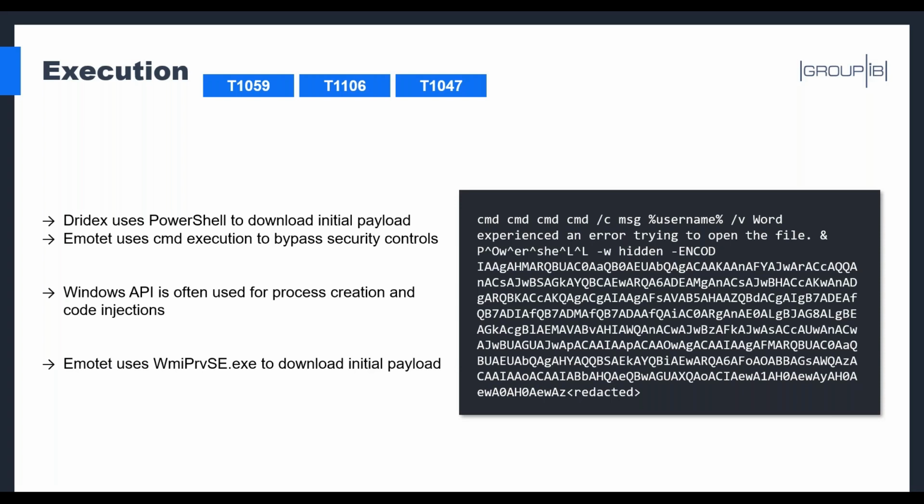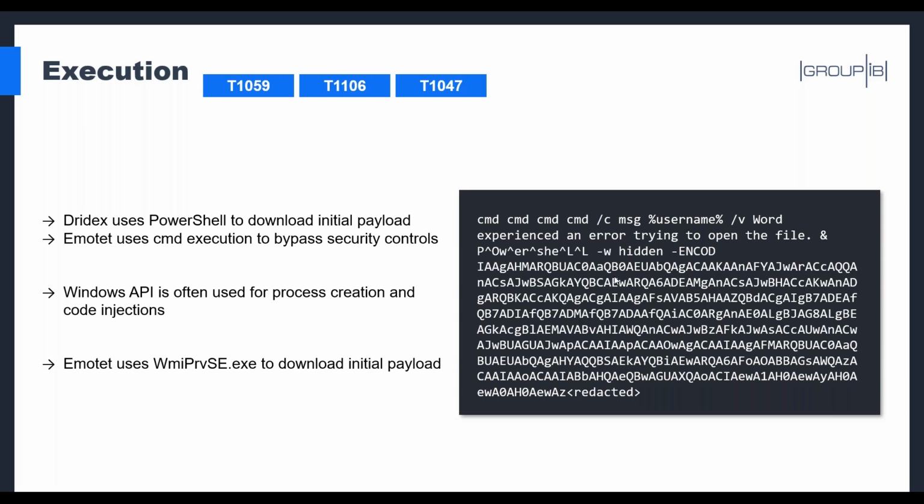For example, Dridex uses PowerShell to download its initial payload, and Emotet also uses CMD execution. You can see it on the slide on the right side, used to bypass some security controls. There were several launches of CMD, and after all, PowerShell was running again.